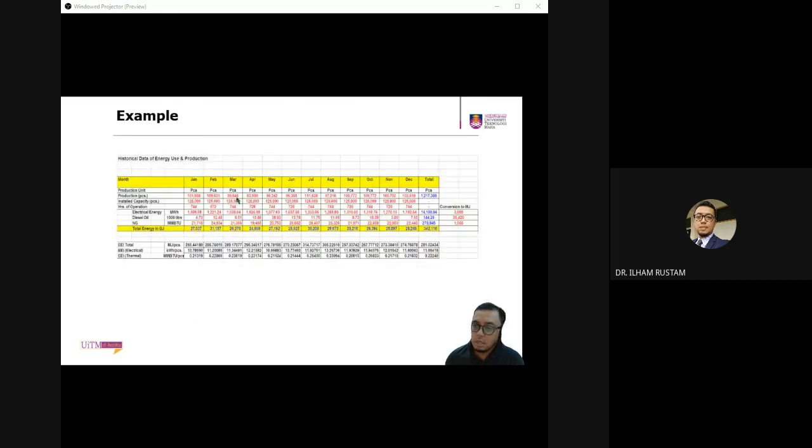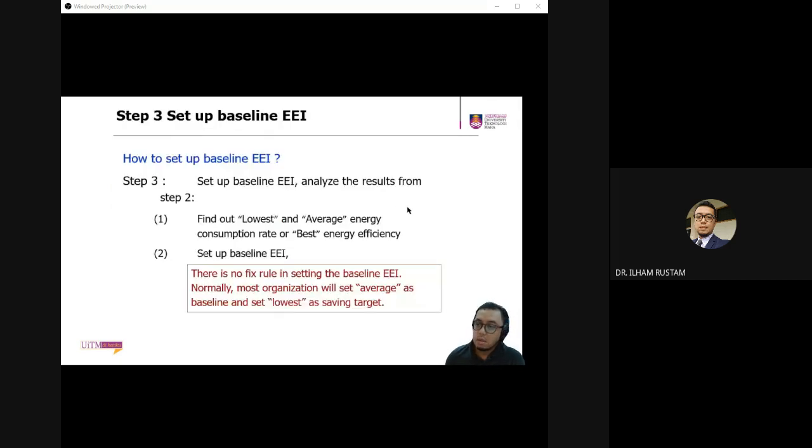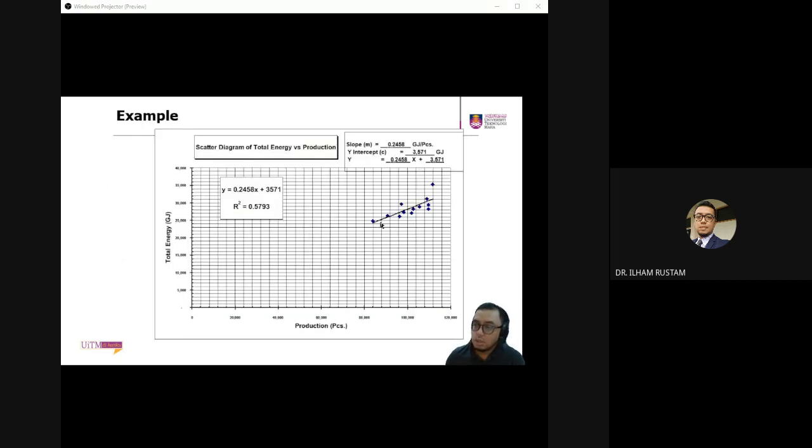But basically, this is the data that you will get from the internet, and then to set up the baseline for your company for that first year, use Excel to plot the relationship. The y equals 0.258x equation, basically this box, is your baseline for that year.